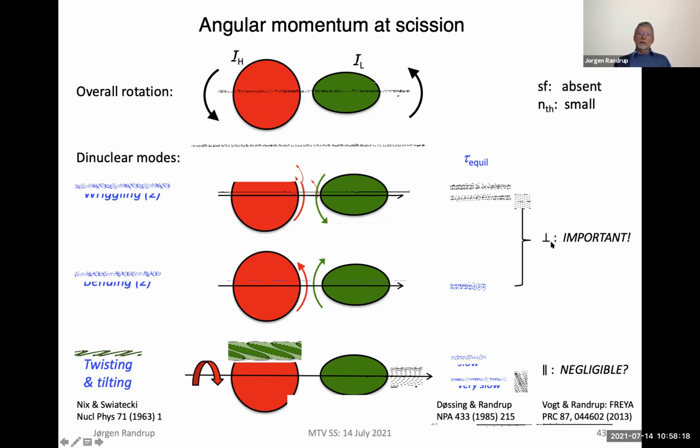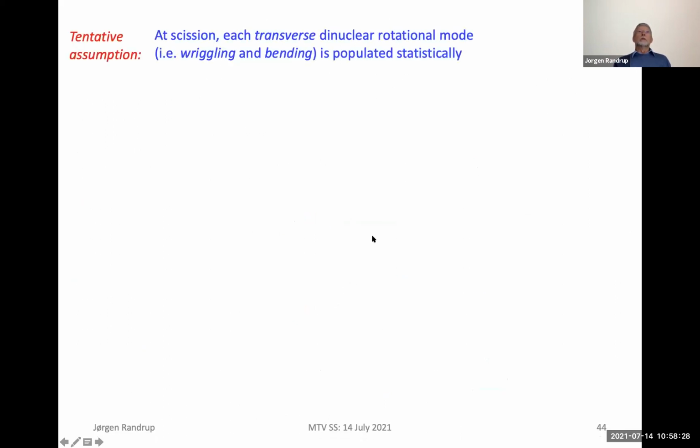Anyway, this is what you could expect just on physics grounds for the angular momentum in fission. So the tentative assumption is that the angular momentum of the fragments tends to be perpendicular to the fission axis, and that those modes are populated statistically.